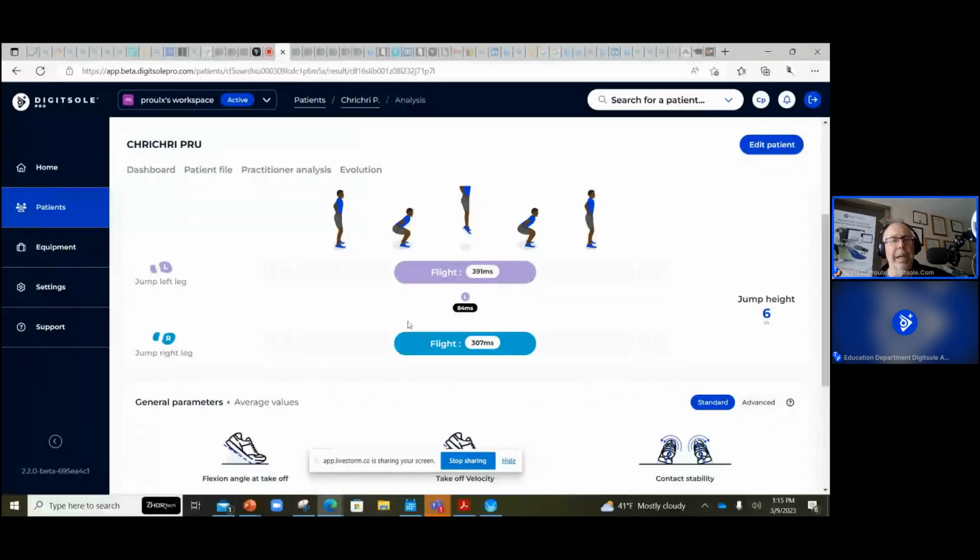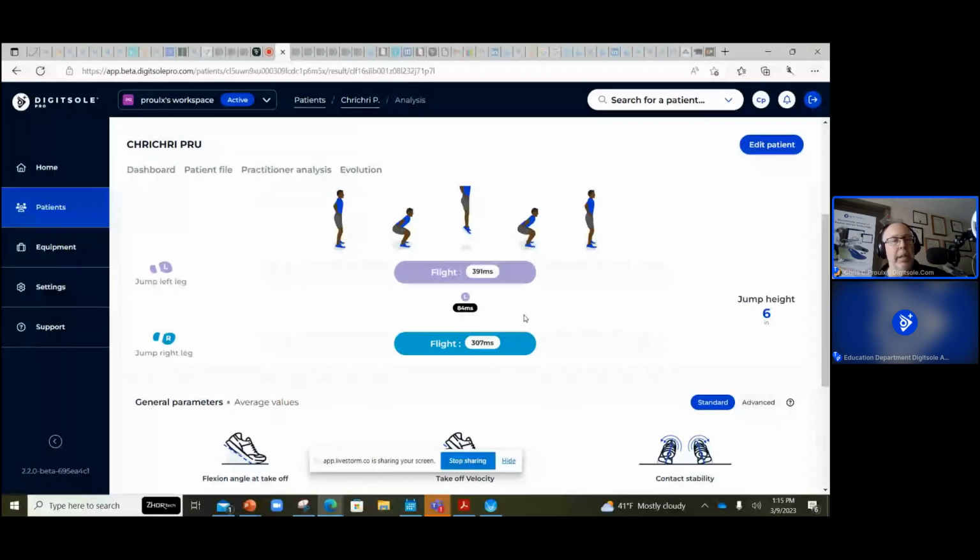So even in a counter movement, that's why I still do this, even though it's a double leg takeoff and landing, because theoretically the body is trying to make it very symmetrical. And despite that control by the neurological system, we can still see some impacts.